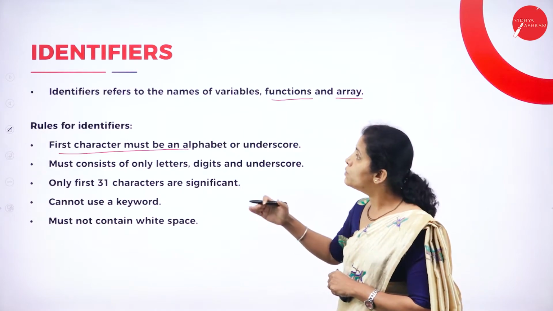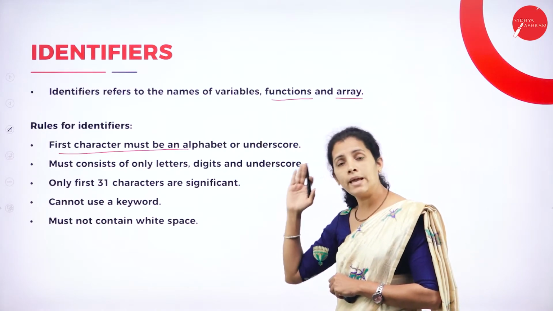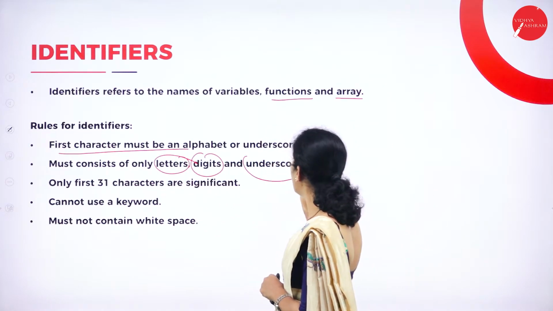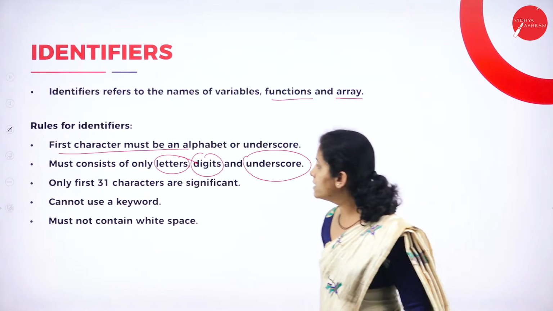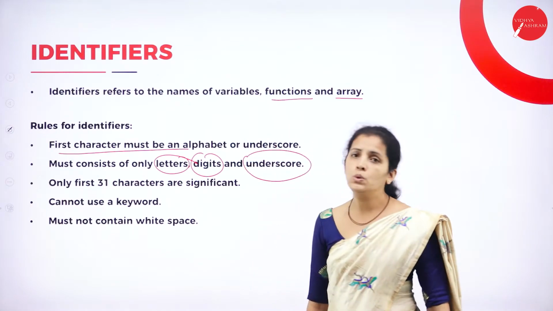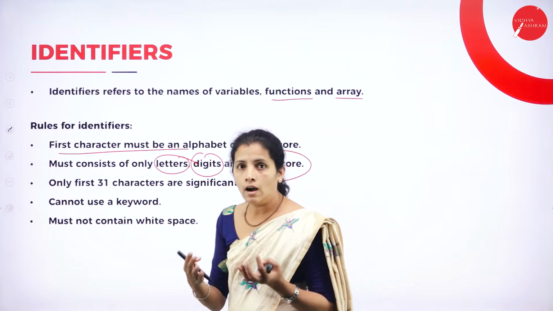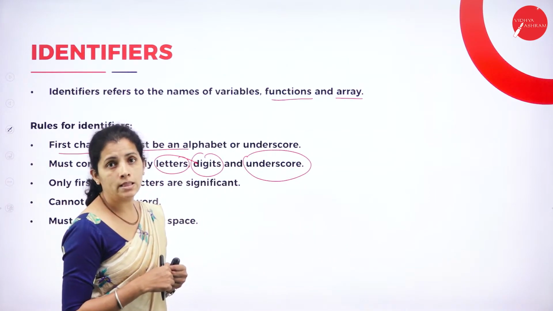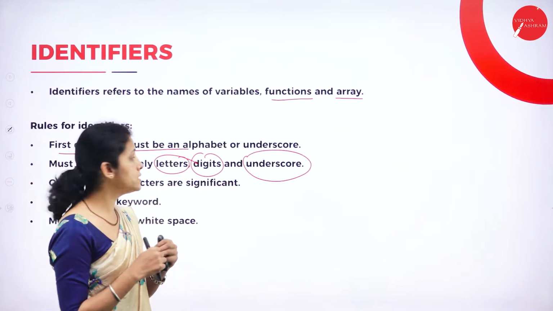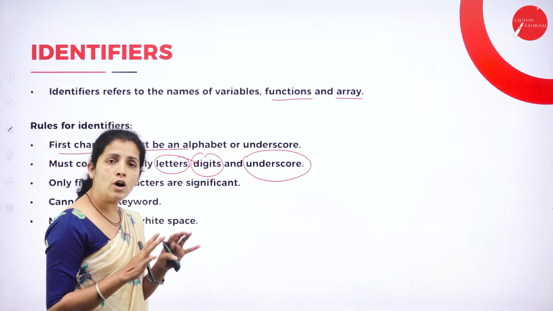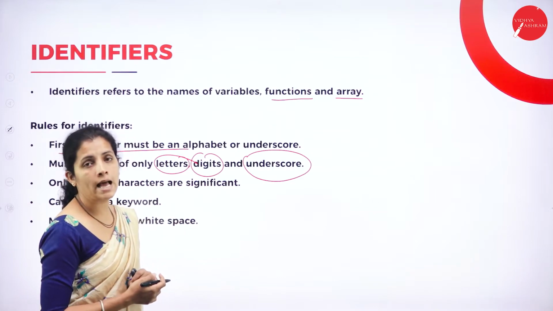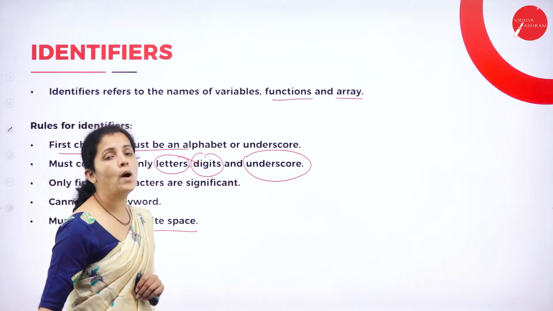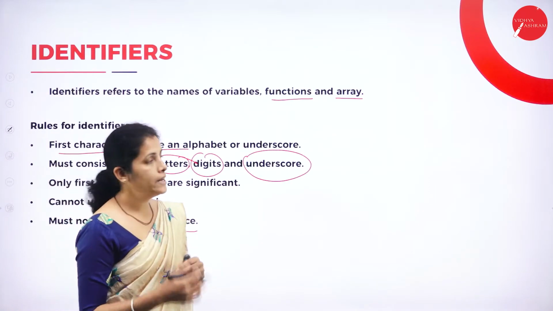That means to form an identifier, I can make use of letters, digits and underscore. I can use uppercase letters as well as lowercase letters. Along with that, I can use numbers, and I cannot use keywords as my identifier, and I cannot use white space within the identifier.